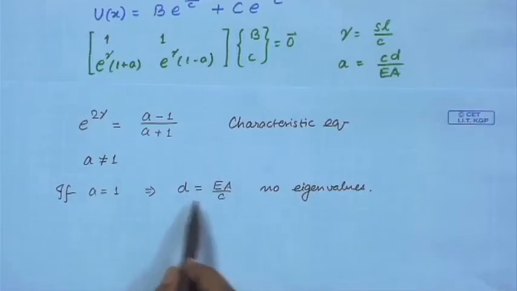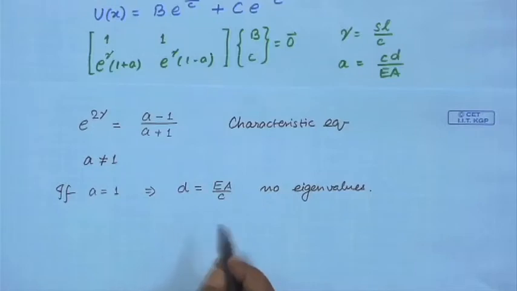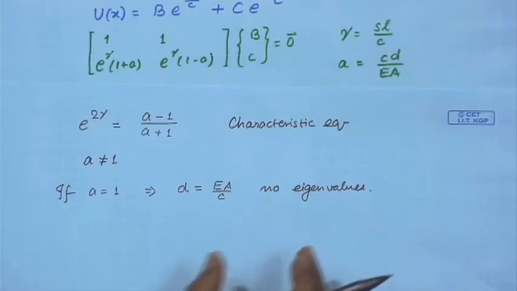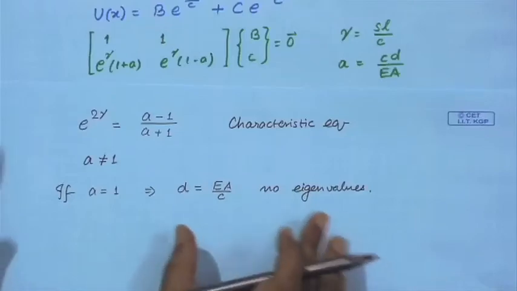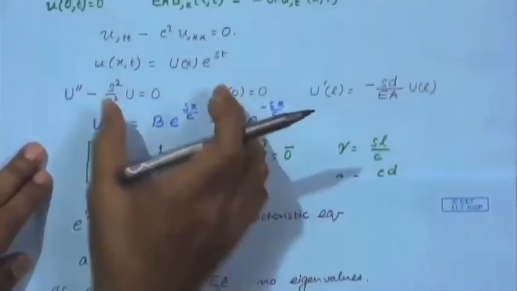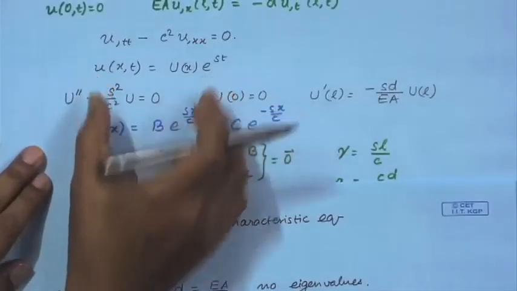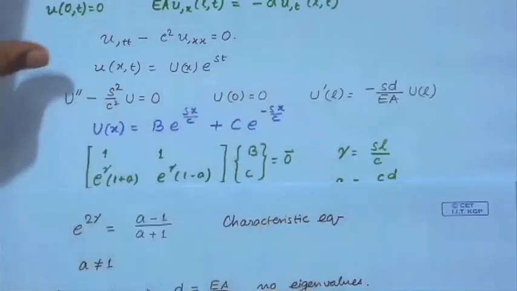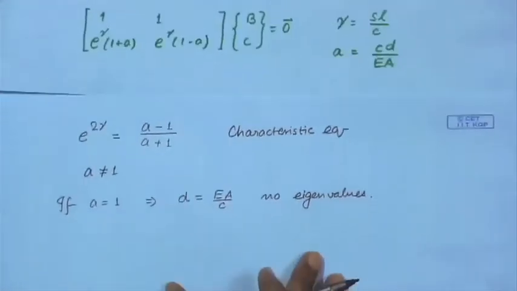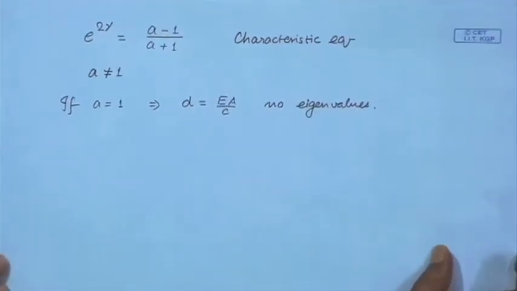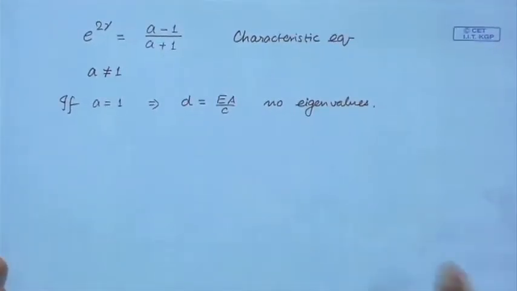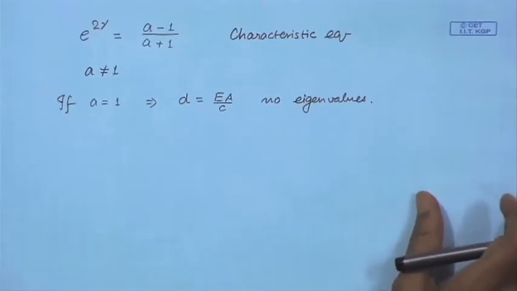Now, no eigenvalues would imply there are no solutions of this very special form that we have considered, but there are solutions which we have to understand in terms of wave propagation. Now, that we will keep for a later discussion.